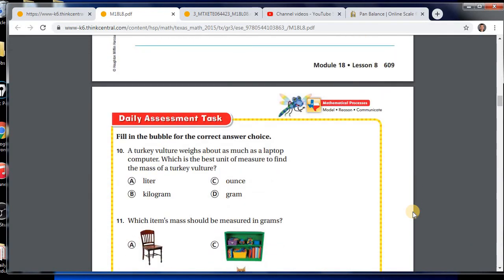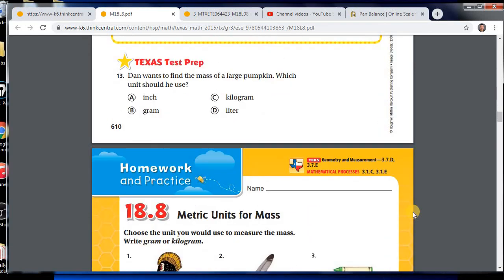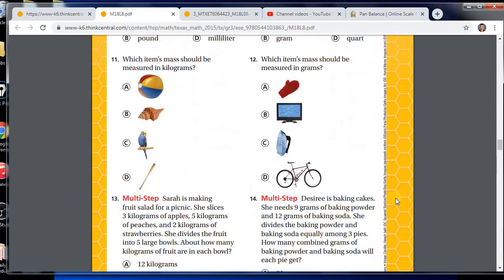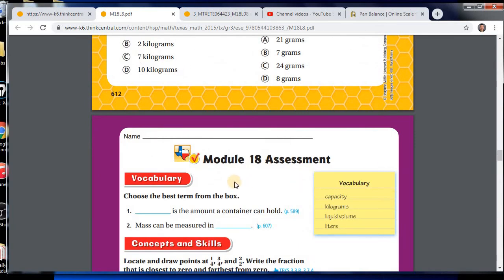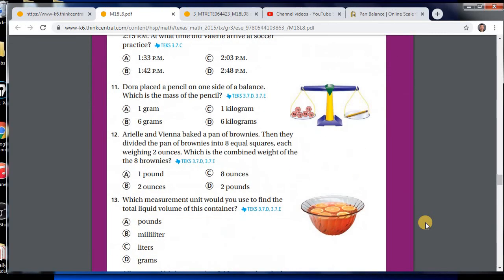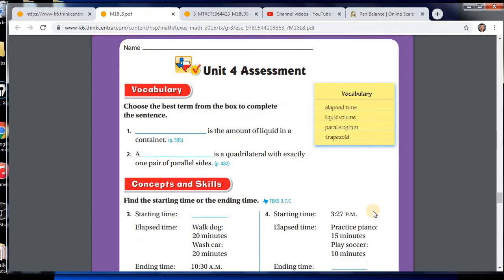So you have your daily task assessment. Again, go through the questions, visualize what's happening, and remember you're measuring in grams for smaller items, kilograms for larger items. Now you have a special case today after your quiz. You have a Module 18 assessment right afterwards, and you have questions there. You also have a Unit 4 assessment.